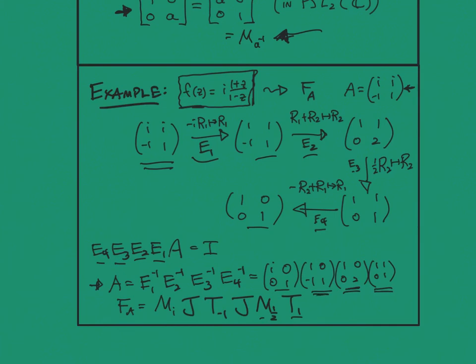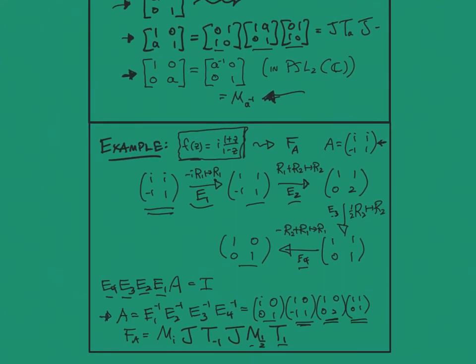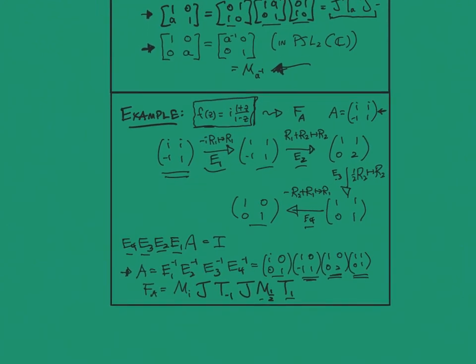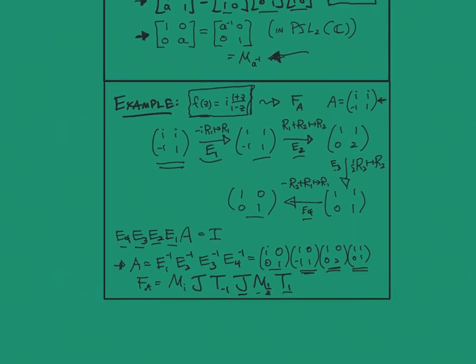The next one was one of these row operations that I had to do a little conversion to get into inversion and translation. So it's J, TA, J. So in this case, I'll have inversion, T minus 1, J, and then the last one is multiplication by I. So I'm not claiming this is the fewest number of factors, and this factorization is by no means unique, but by just doing standard operations with elementary matrices, you can factor a fractional linear transformation into these three standard types.